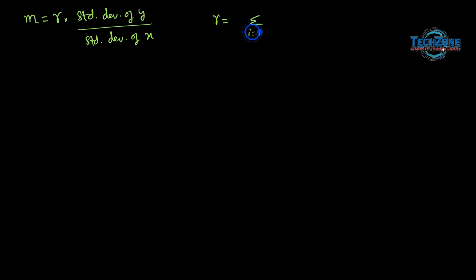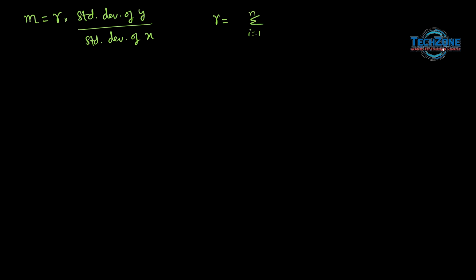Let us write the formula one more time. m is equal to r multiplied by standard deviation of y divided by standard deviation of x. Now r is Pearson's correlation coefficient, right? Now how is r calculated?